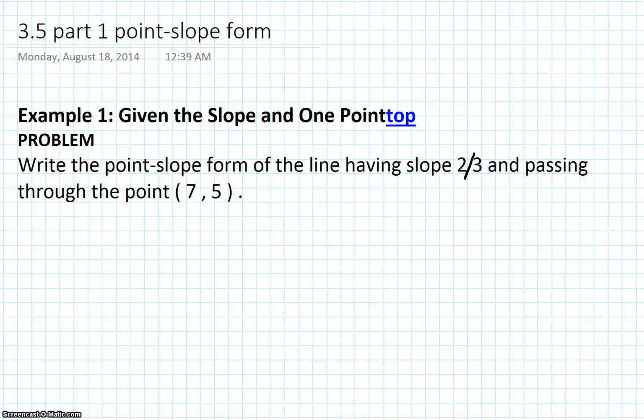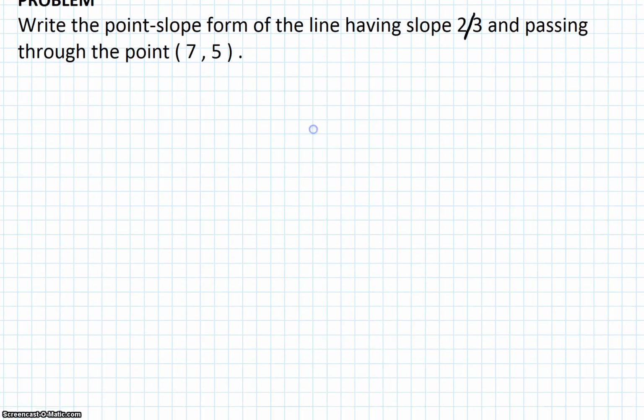Okay, so this first problem says, write the point slope form of the line having slope 2/3 and passing through the point (7, 5). So first of all, let's talk about point slope form.